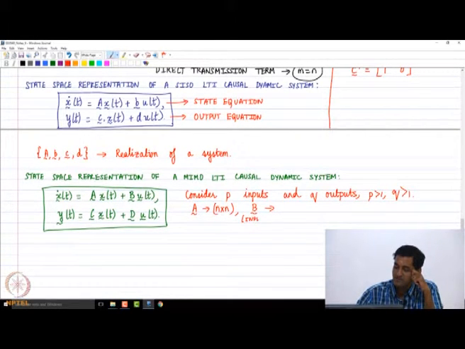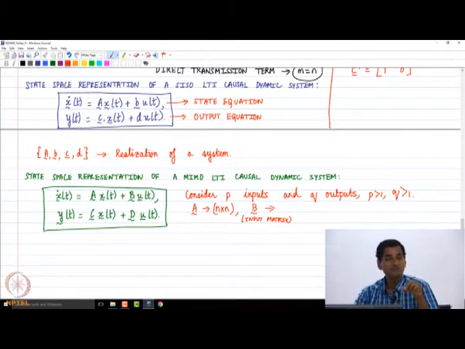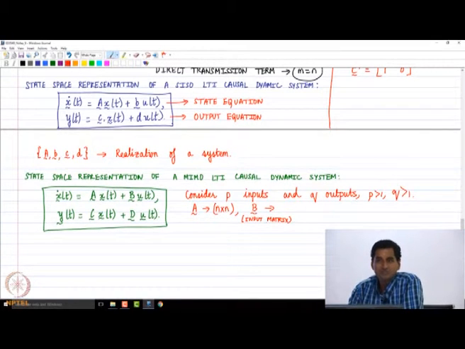B is now called an input matrix. Previously, small b was called an input vector. Now it's called an input matrix. What do you think should be the size? It's going to be n cross p.